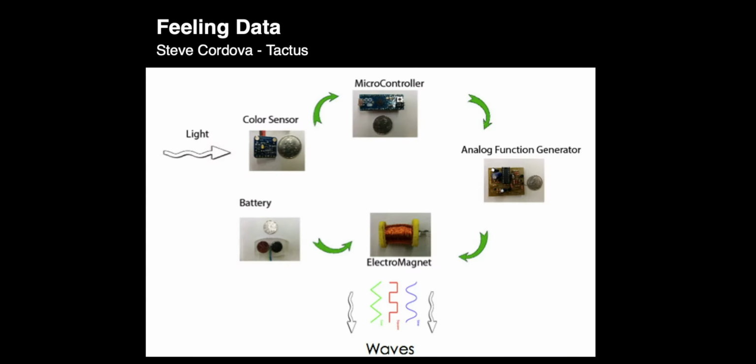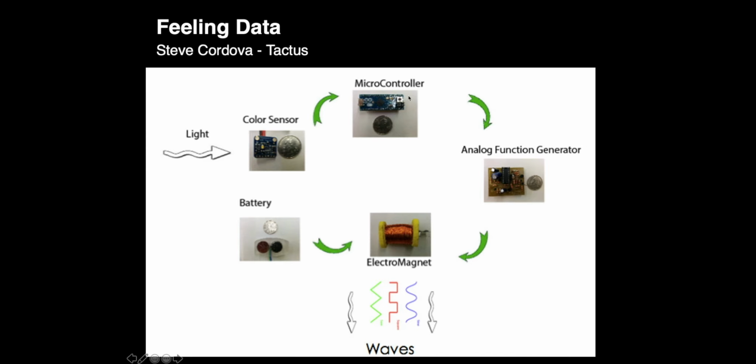Then he designed this device using a color sensor, microcontroller, this analog function generator, an electromagnet, and then battery to charge it. And basically how it works is that this color sensor can detect what color it's reading. So if it's looking at red or green or blue, it can understand that.